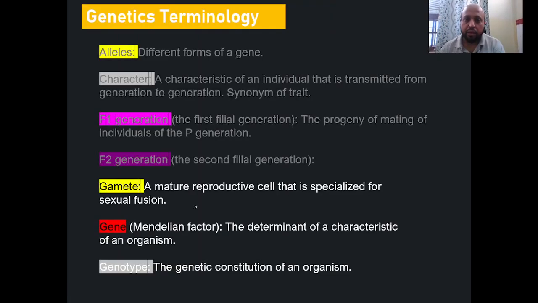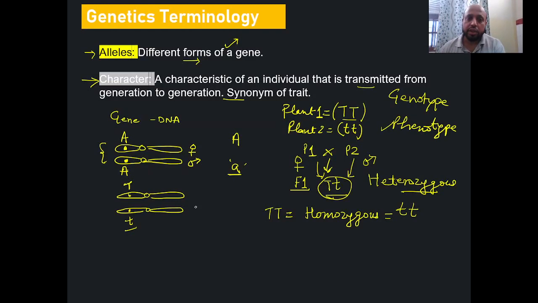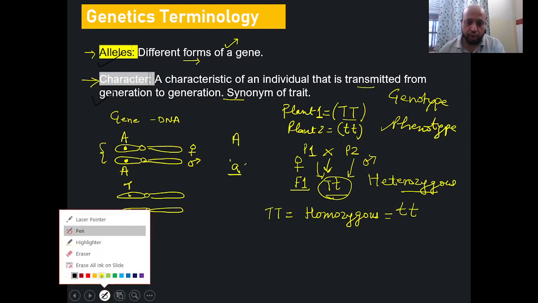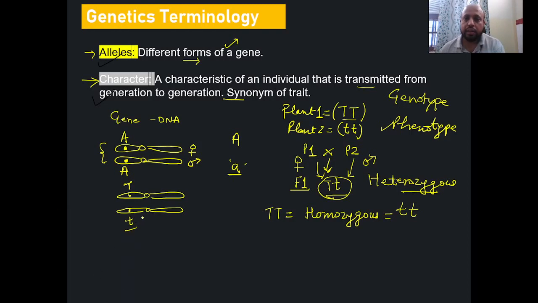So this is how we define alleles and characters. I have also introduced the concepts of genotype and phenotype, and defined the heterozygous and homozygous individual.